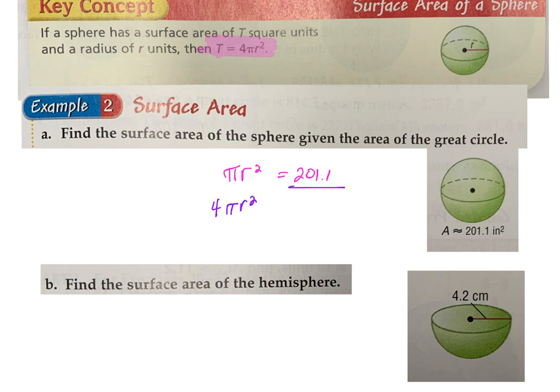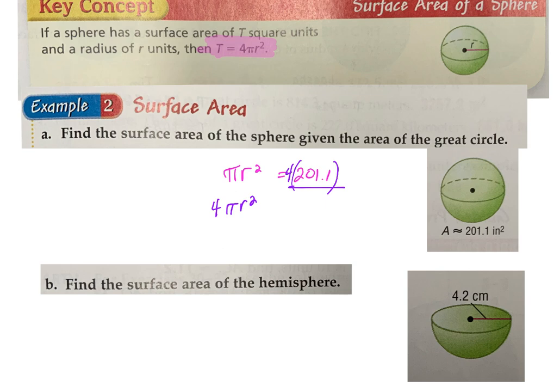So what do I need to do to that 201.1? Multiply by 4. If you have the great circle, multiply by 4, and you have the surface area of the sphere. You'll notice there is no lateral area formula because there is only surface area. There's not a base to a sphere.